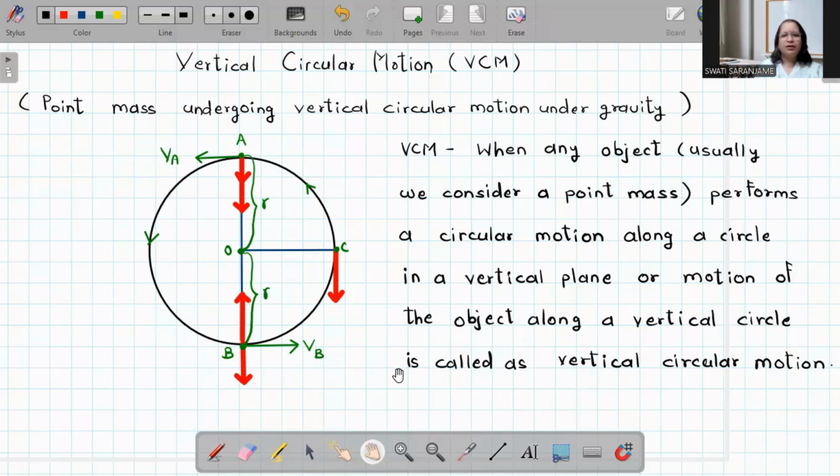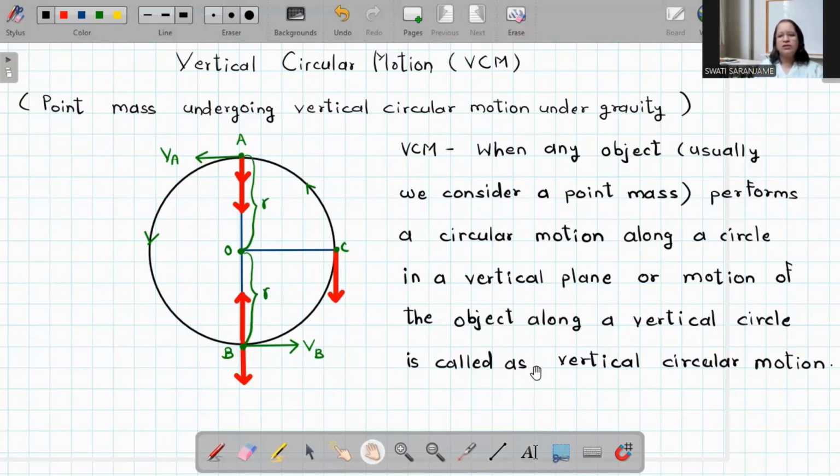Let's come to the point. In this video, we are discussing vertical circular motion. It can also be written as VCM. It comes under the section of point mass. Usually we consider whichever object is performing a vertical circular motion, that is a motion along a vertical circle, or the motion of the object along the circle which is in a vertical plane.